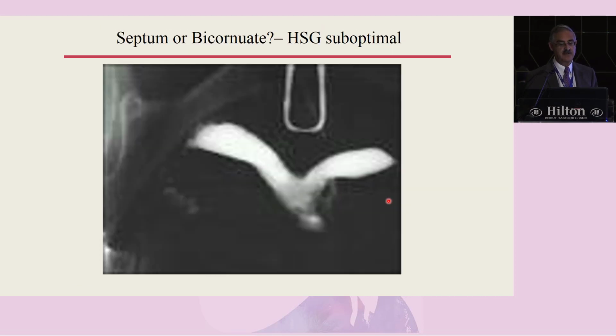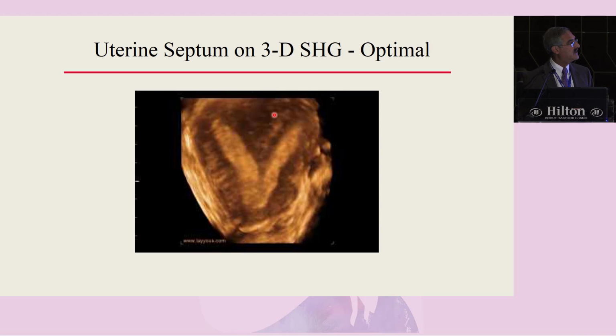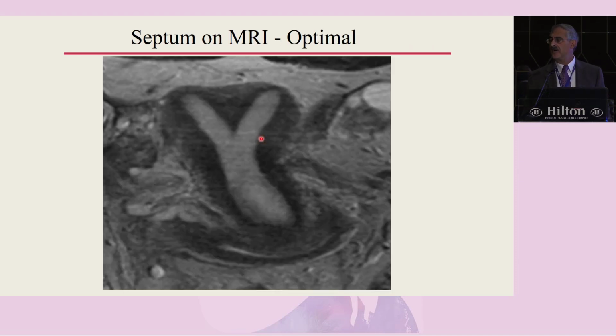You can't see is there muscle here, is there a dip here or not. So this same patient, when we did the sonohysterogram, you can see very nicely that the fundus is normal and that this tissue is the septum. On this one, just for the talk, I got an MRI, but we don't do MRI very often on these patients.